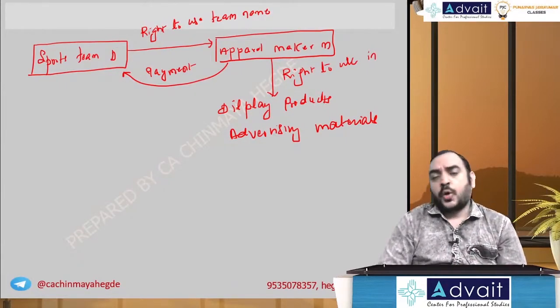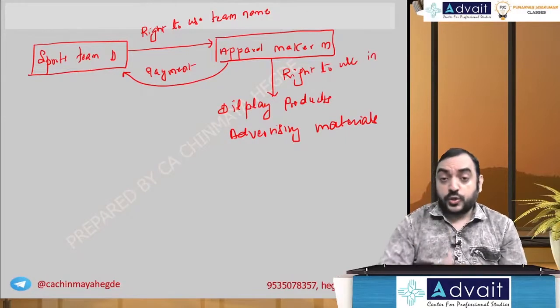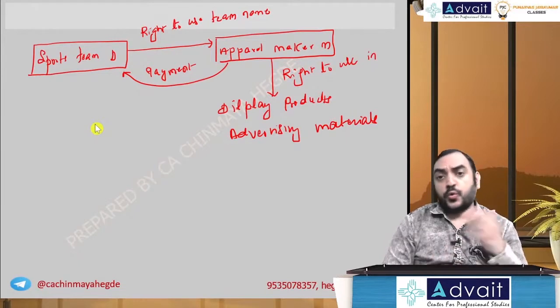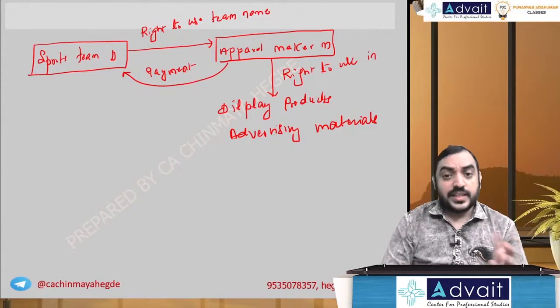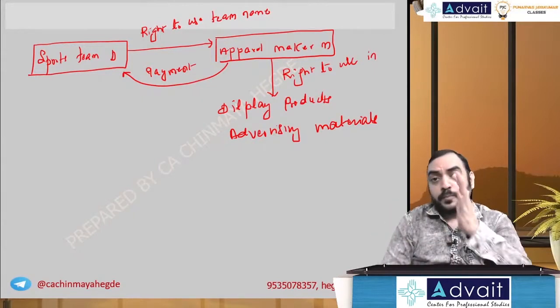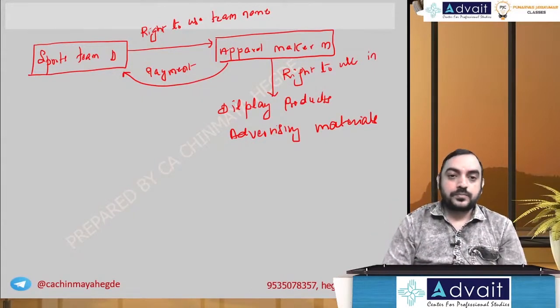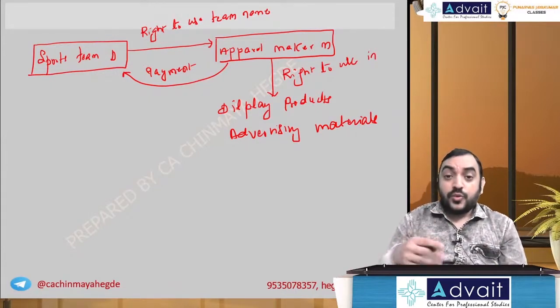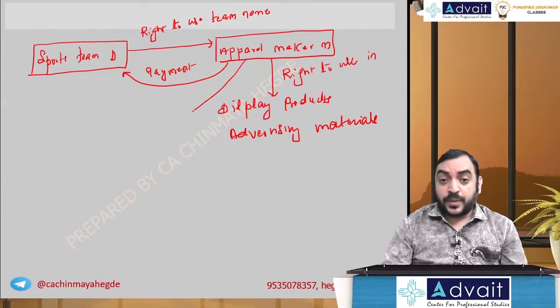No, they don't have any other obligation. Of course, you know the question we have to answer here, right? Either we have to say it is a point in time or over a period of time. If the entity does not have any other obligation, that means it becomes point in time. But one point to be kept in mind: the team name is given, but what is the expectation of the apparel maker? What is the expectation?